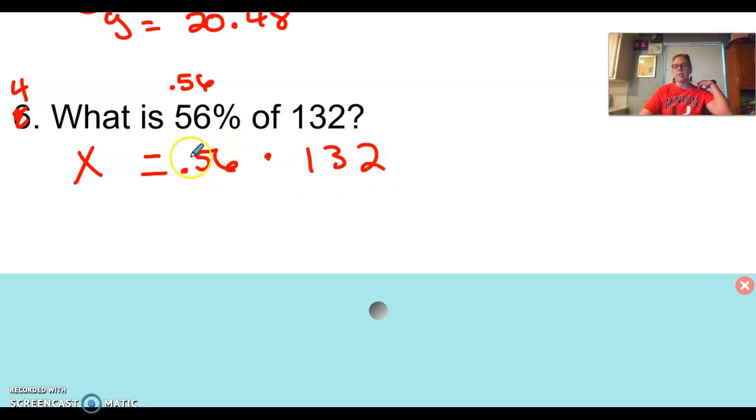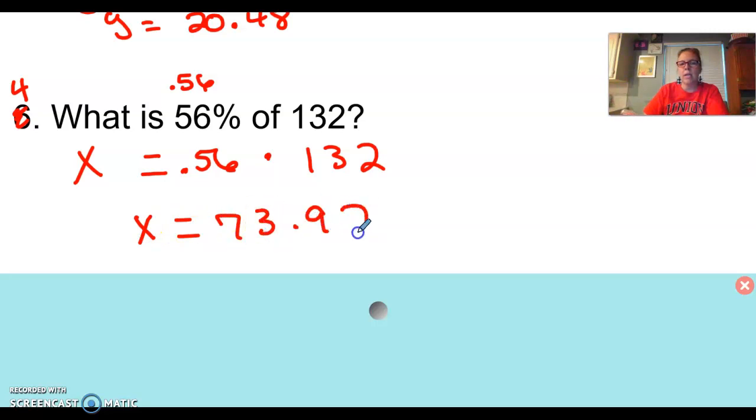So since they're on the same side of the equal sign, we just multiply, and you can use your calculator. 0.56 times 132. So this should be about half. It's a little bit more than half. So x equals 73.92. Half of 132 is 66, so it should be more than half.